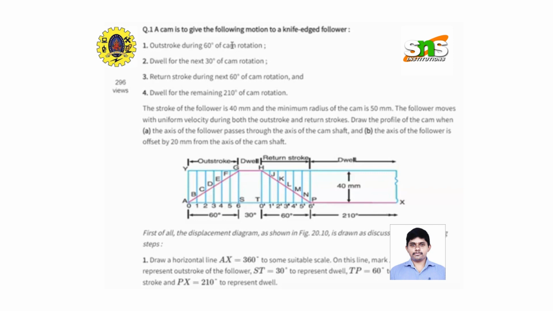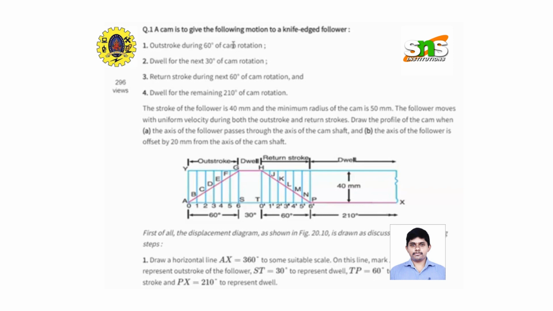First, the axis of the follower passes through the axis of the camshaft. Second, the axis of the follower is offset, which means it is deviated from the center axis. In technical terms we call this eccentricity. So this is the given statement of the problem.